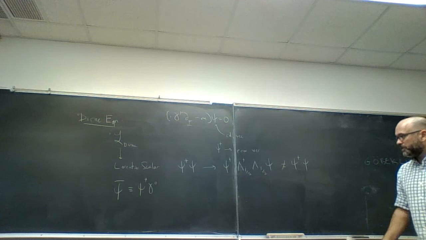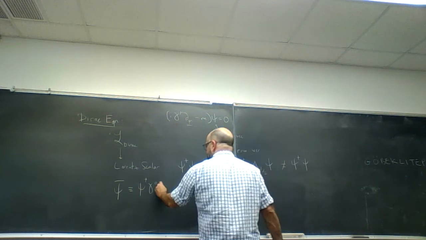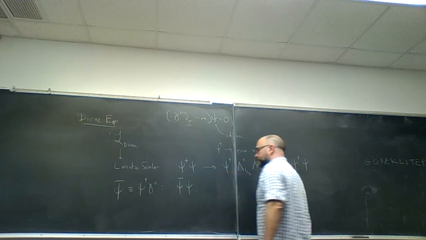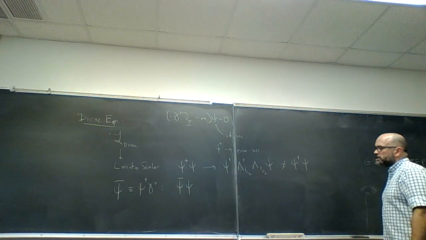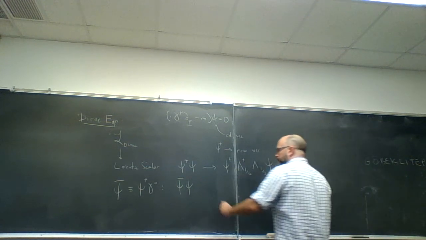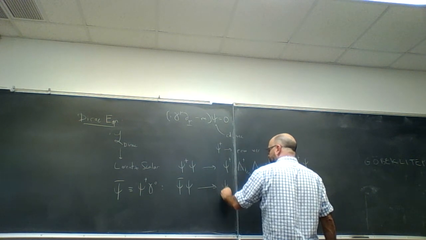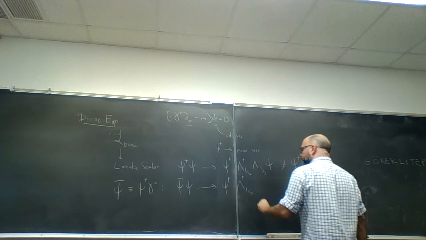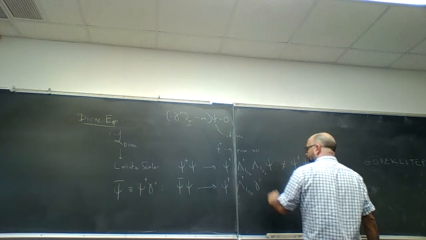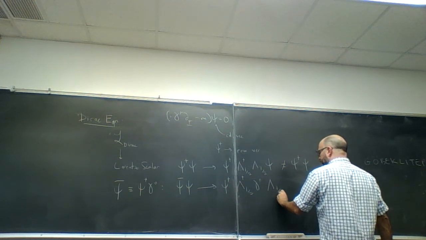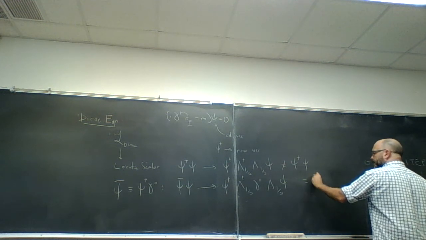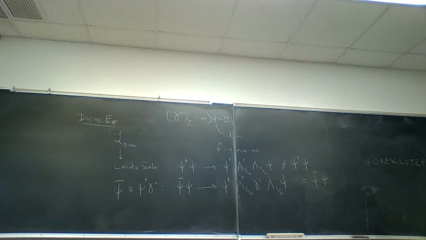Then I'm going to claim that instead of psi dagger psi, psi bar psi is a Lorentz scalar. So let's see what happens. Under a Lorentz transformation, I still get psi dagger, I still get lambda 1/2 dagger, and I have my gamma 0 here now, and then I have lambda 1/2 psi. So what I need to show is that this thing is equal to psi bar psi, for it to be a Lorentz scalar.